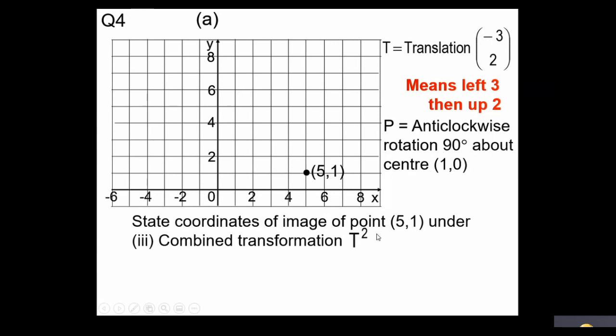Most students can do this one if you attended last week's lesson or have viewed the video. You know they will always start with something quite simple, because they are giving you a chance to pass. So now we have to do T translation twice. 1, 2, 3, 1, 2. This point. 1, 2, 3, 1, 2. What point is this? Negative 1, 5.